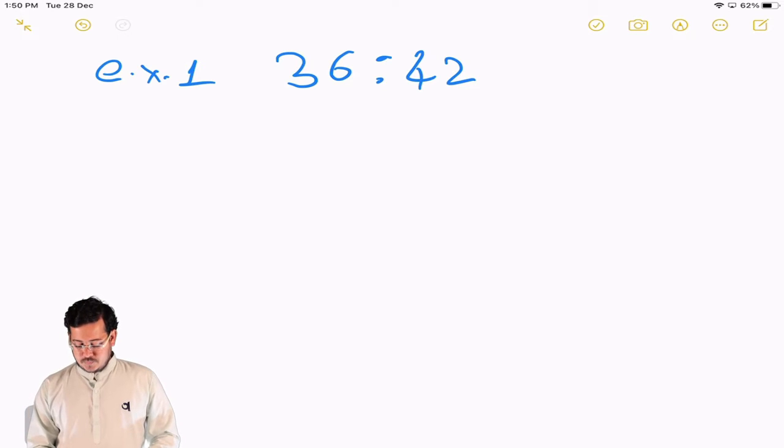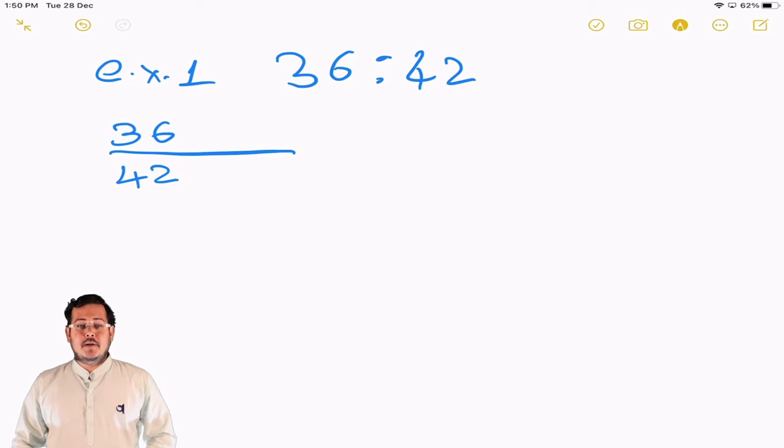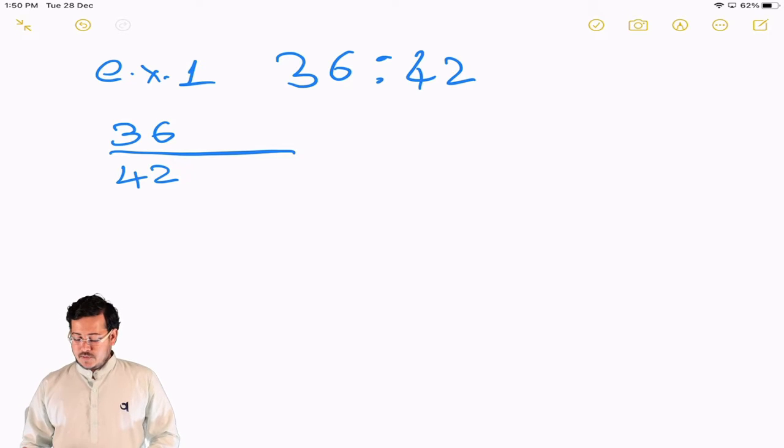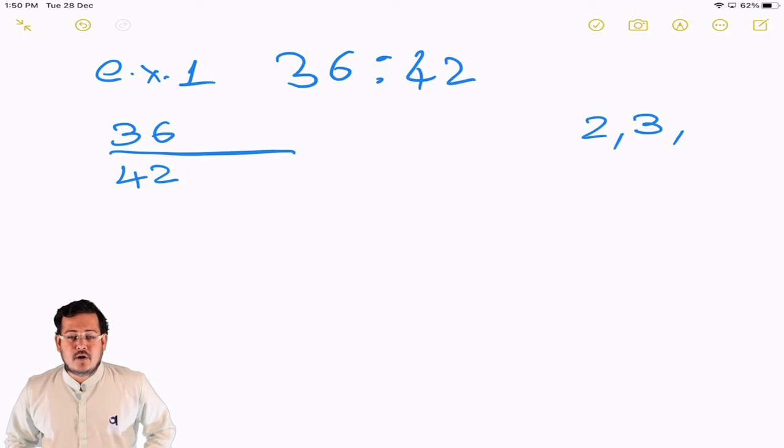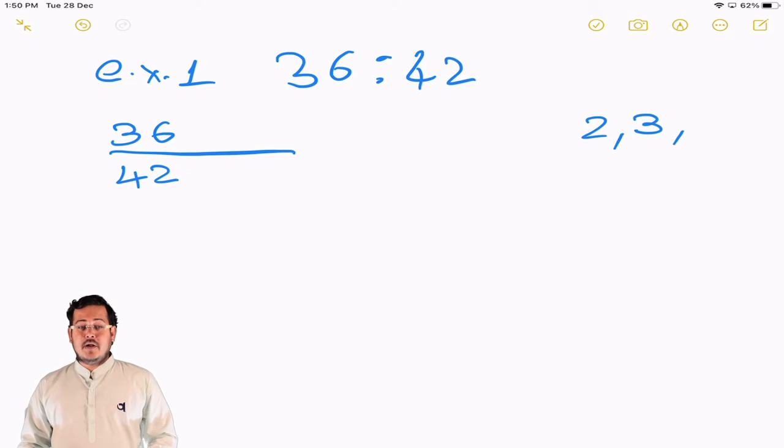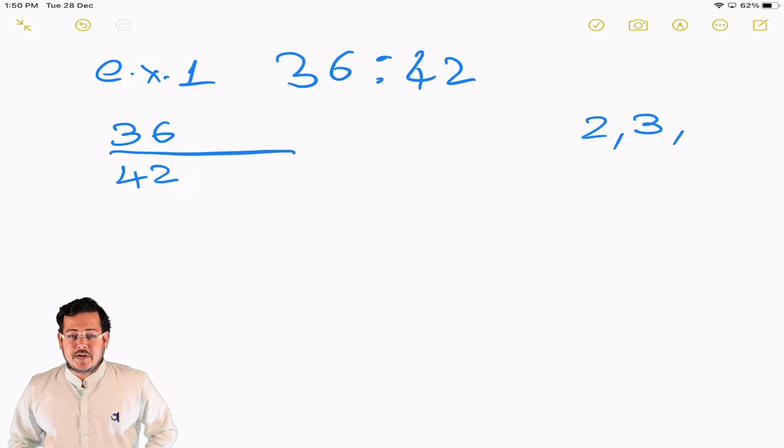Now as you know, 36 and 42 can be divided by the same number. It can be divided by 2, it can be divided by 3, it can be divided by 4. No, it cannot be divided by 4. Can it be divided by 5? No, it cannot be divided by 5.